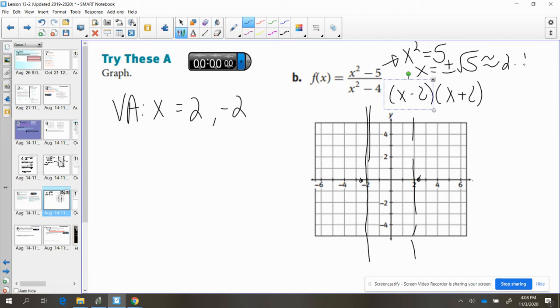Again, 2.24. And then our horizontal asymptote, the degrees match this time. So the horizontal asymptote is going to be at 1 divided by 1, which is just 1. So we know that these are going to follow along here. And if we test out points on each of these regions, to save some time, we're going to find that we're actually going to follow below this asymptote here.